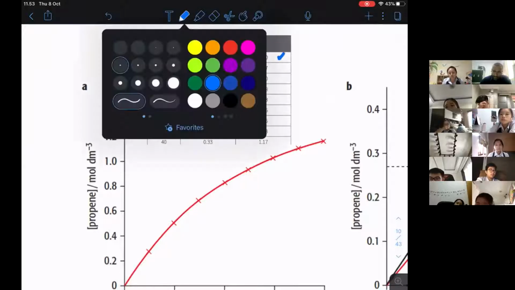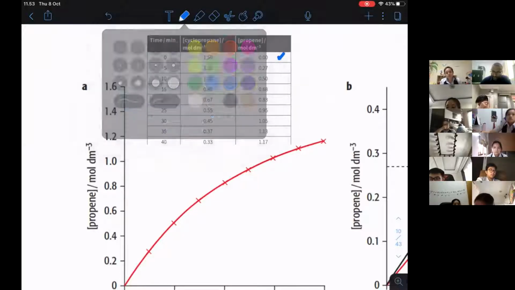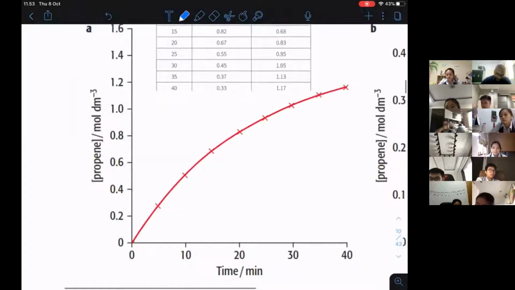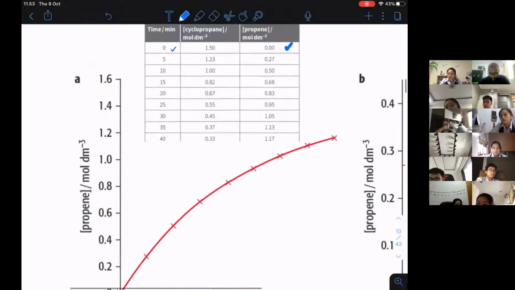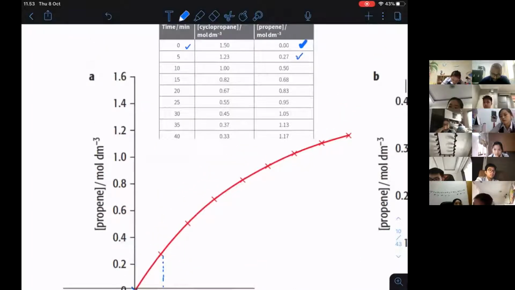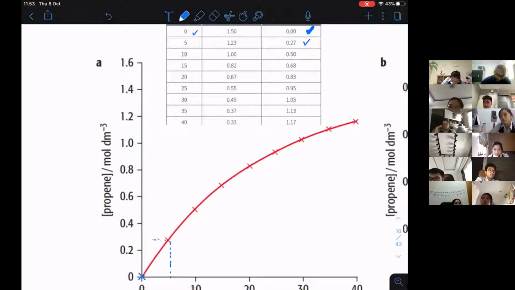Have a look at this data for propene. From zero, it means at time zero the value is going to be zero. Then if you go further, at 5 the value is 0.27, and 0.5 for 10.